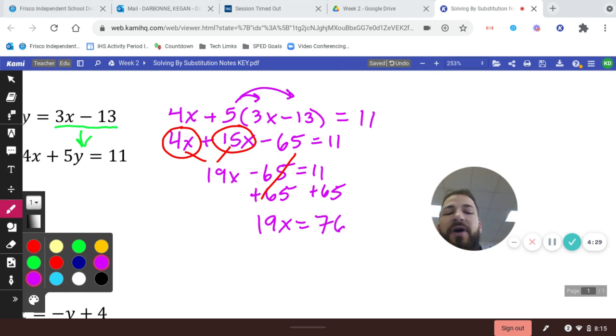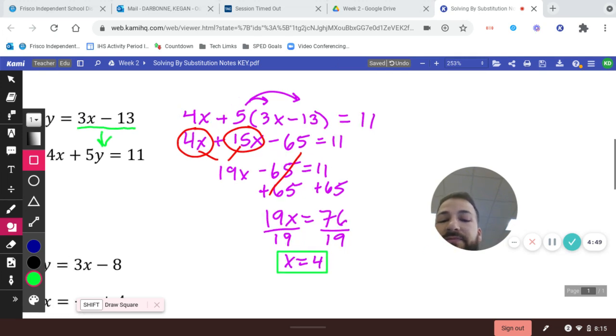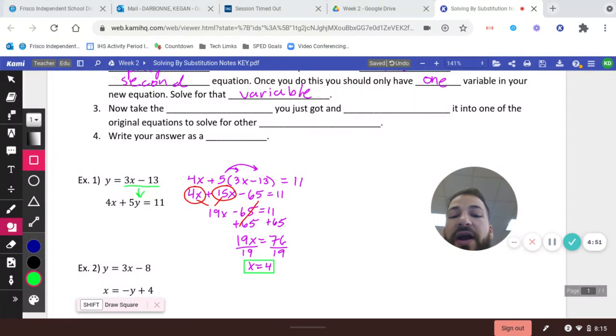And then last step, I want to still get x by itself, so divide by 19. And I know y'all probably don't know 76 divided by 19 in your head, so just type in your calculator real quick, 76 divided by 19, and we get x is equal to 4. Okay, so that is the first half of our answer for example 1.